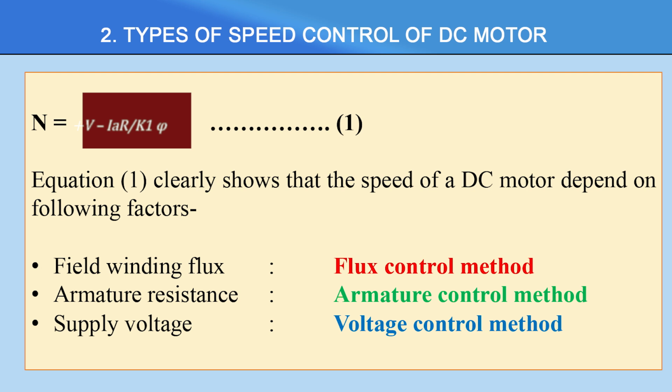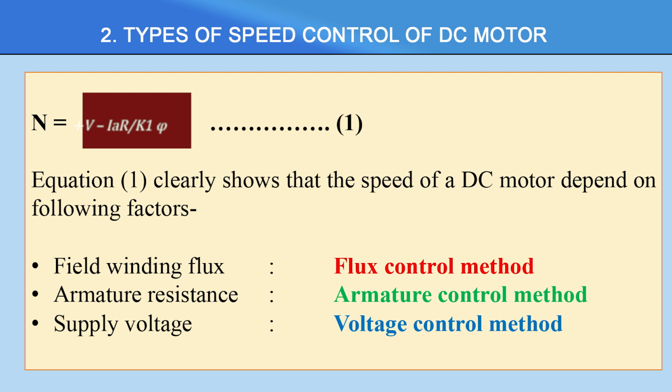So, in this equation number 1, we need to see on what factors the speed is depending. N is proportional to V, which means the speed is depending on the supply voltage. N is proportional to V minus IA into R. IA is the armature current, which means the speed is depending on the armature current. R is the armature resistance. It has two values: R is equal to RA, or in the DC series motor, R is equal to RA plus R series, as discussed in the previous slide, and it is divided by K1 into phi.